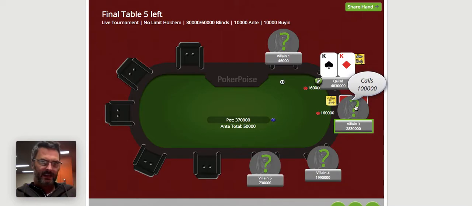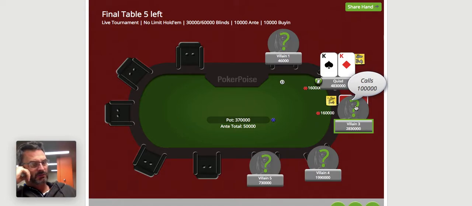But let's see. This guy is the second chip leader in the big blind, already has 60,000 in. It's another 160, actually only another 100 to go. What would this person raise with?